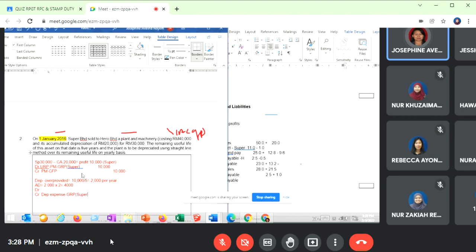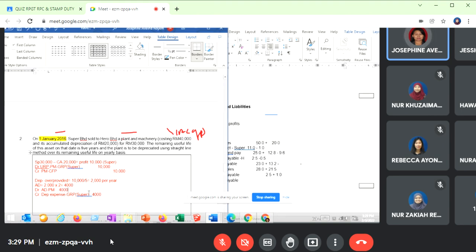So remember, as the asset is depreciated, a portion of this profit will become realized to the seller, which is 4,000. At the same time, we will add back the carrying amount of the asset, so we debit the accumulated depreciation, 4,000.